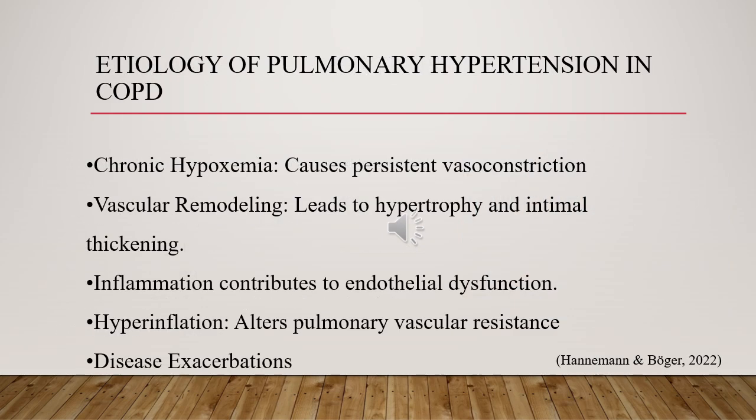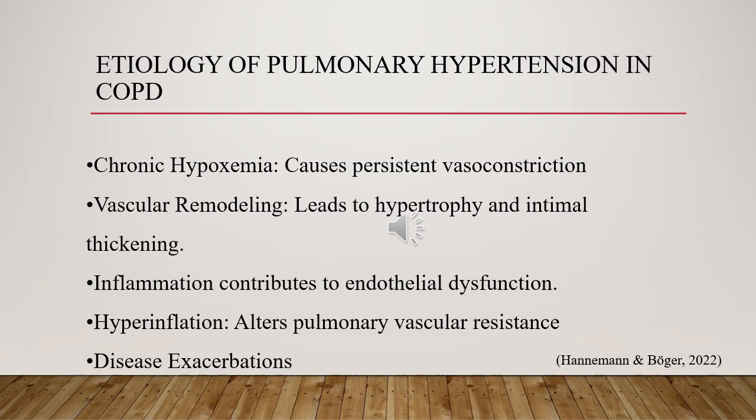The etiology of pulmonary hypertension in COPD is multifactorial, with chronic hypoxemia playing a primary role. Hammond and Berger 2020 show that hypoxemia, or persistently low oxygen level, triggers a compensatory vasoconstriction mechanism aimed at optimizing oxygen exchange by reducing blood flow to better ventilate lung regions.